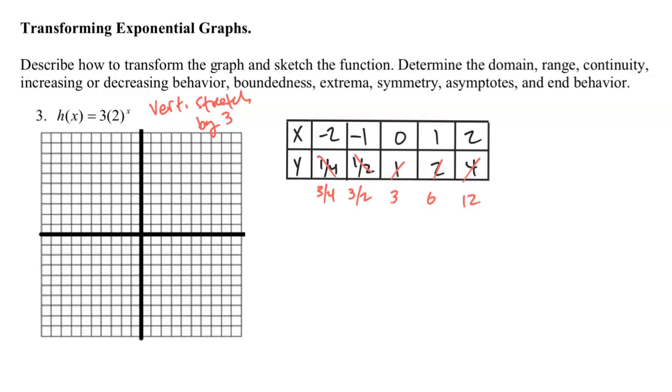So -2 and 3/4, -1 and 1.5, 0 and 3, 1 and 6, and then 2 and 12 is actually going to take me all the way off the graph. And so once again, there's my horizontal asymptote at y is equal to 0.